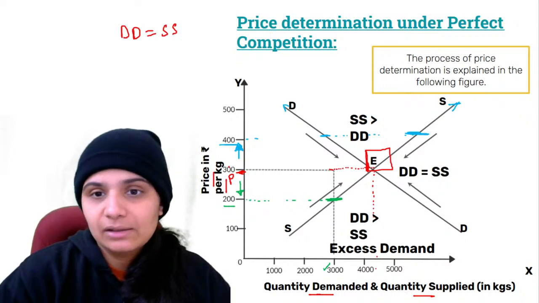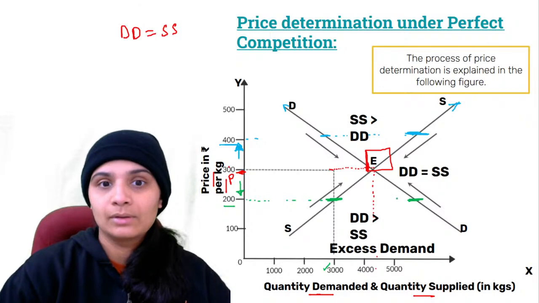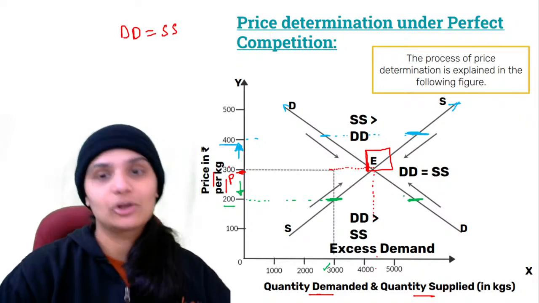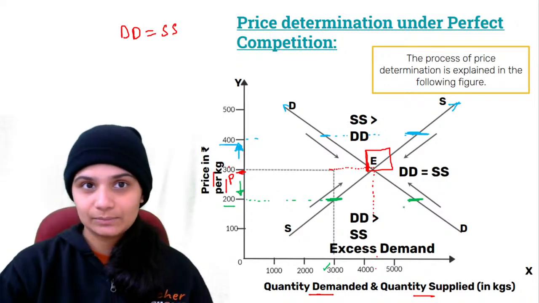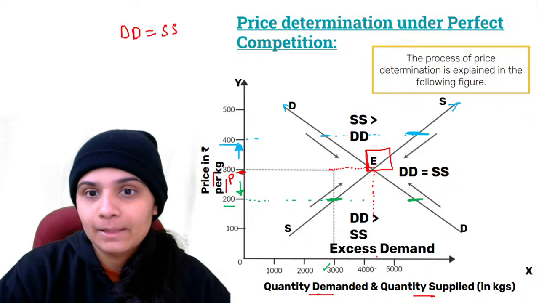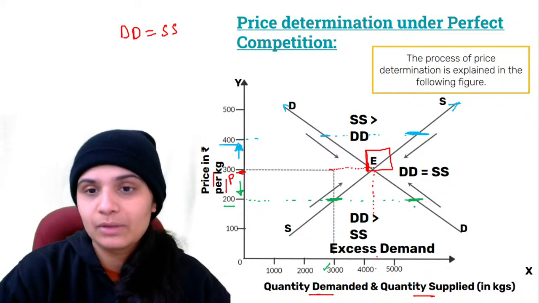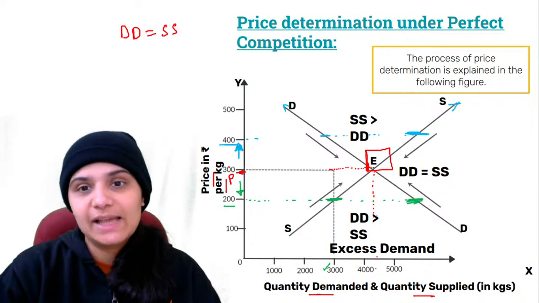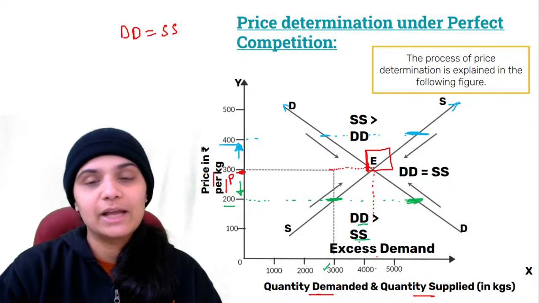If it is demand, here, demand is more at 200 price because price has come down, demand is going to increase. Okay, here it comes. Now, here the situation is excess of demand. DD is more than SS.